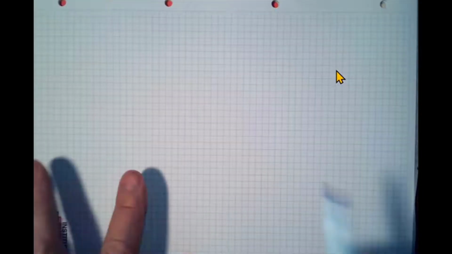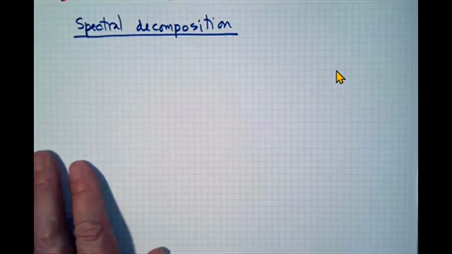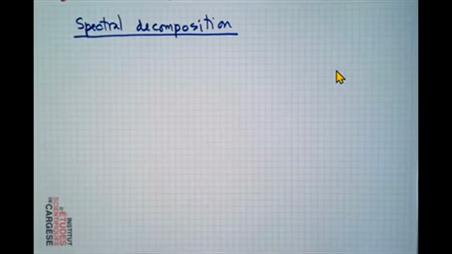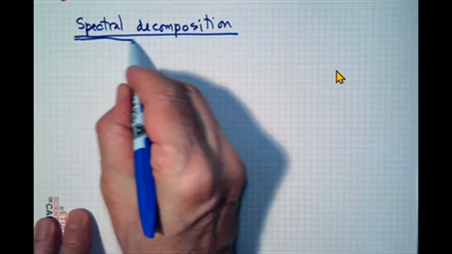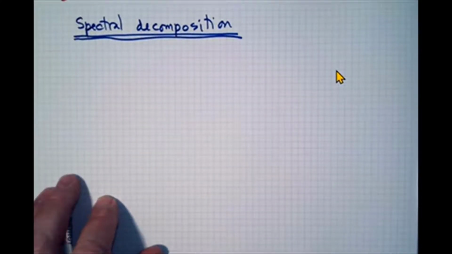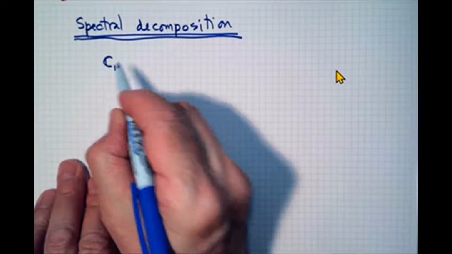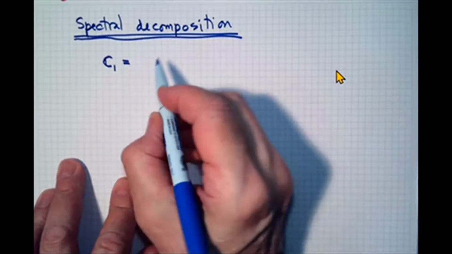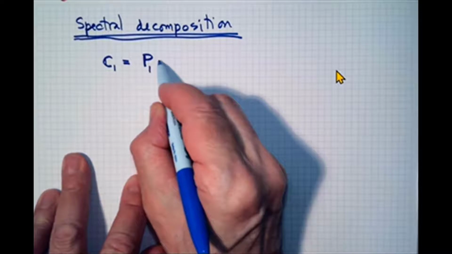Next thing we can do, we can look at spectral decomposition. Because remember, when we have an operator, then its value on irreducible subspaces is its eigenvalue. And for C1, we really just get the completeness relation because C1 is the sum of these guys.